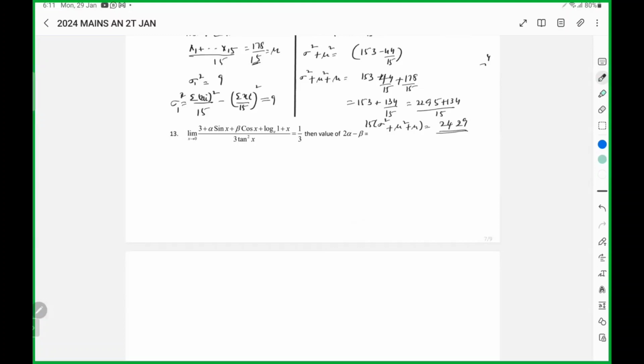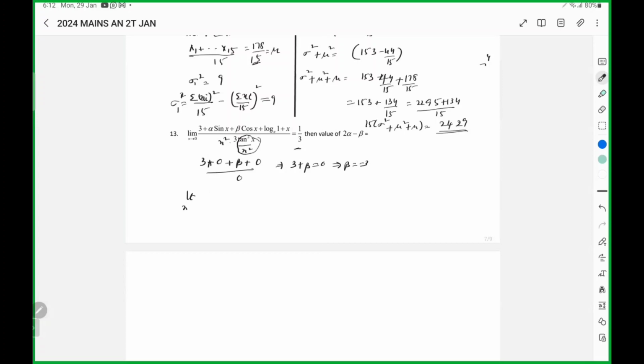Here it is. Its limit is a finite value, which means once you substitute 0, it should be 0 by 0. So the beta value is minus 3. Before applying L'Hospital, I divide and multiply so this approaches 1.